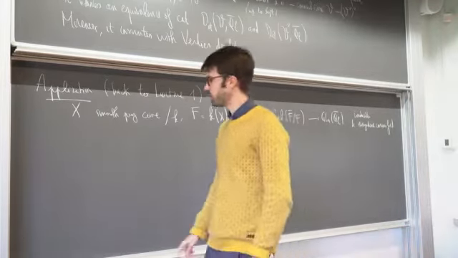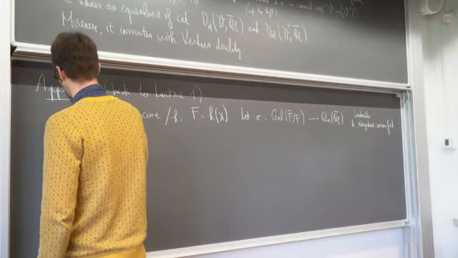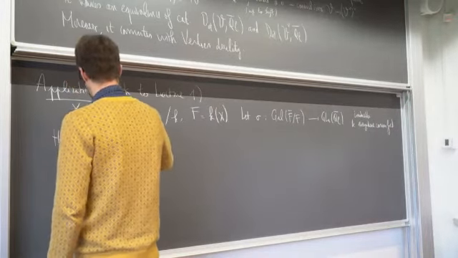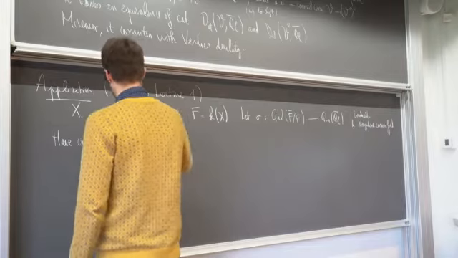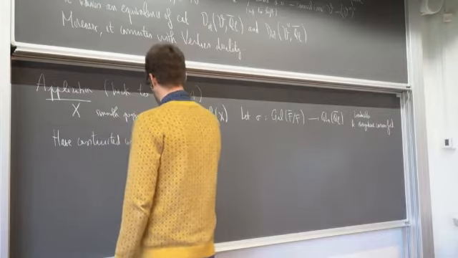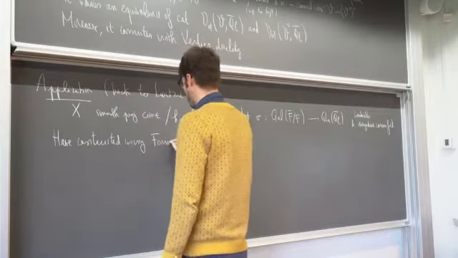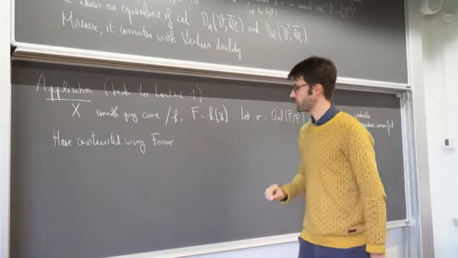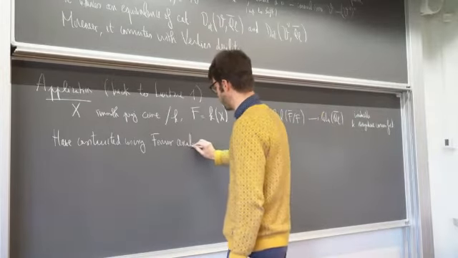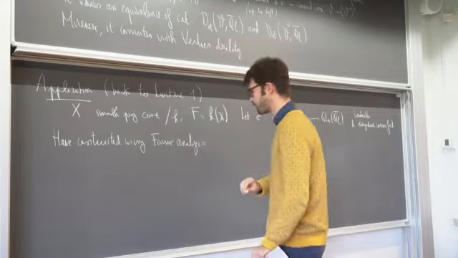And what we had done in lecture 1 was we had constructed, if you remember, I discussed the case where n is 2, and there the argument was based on Fourier analysis.